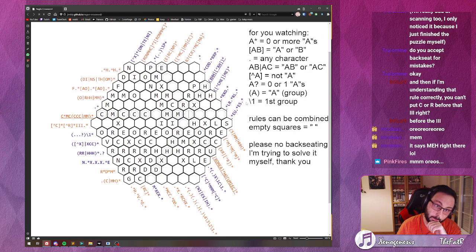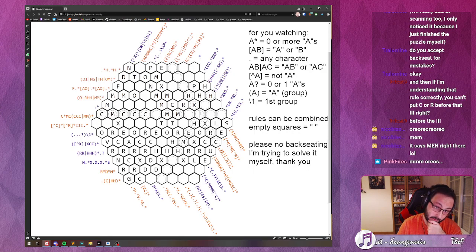Can I put an M here? Yes, I can put an M here. Can I put a C here? If I put a C here, I'm forced to put a C in these two as well. Oh, wait. If I put an M here, that forces an E here.